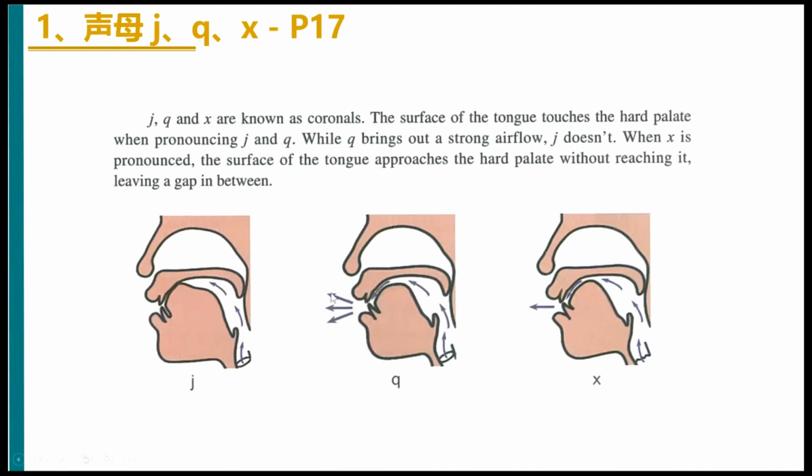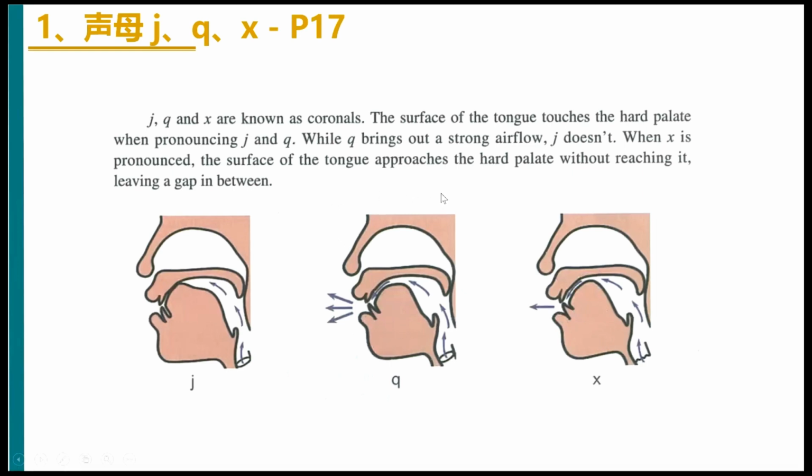The qi has 3 arrows, meaning it has a strong airflow, while ji doesn't. No arrow here, so not a single bit of air comes out of your mouth when you're pronouncing it. When xi is pronounced, the surface of the tongue approaches the hard palate without reaching it, leaving a gap in between, and a weak airflow comes out.